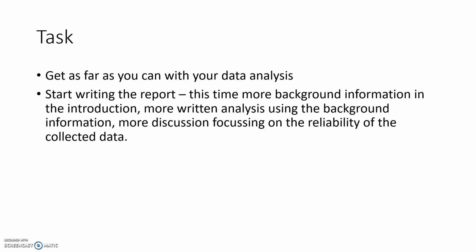Then in the next column of your table, you explain how that source of error has affected your data. And then you come up with a possible suggestion on how this could be solved, or how you could improve your method or your data collection to make your data more reliable.